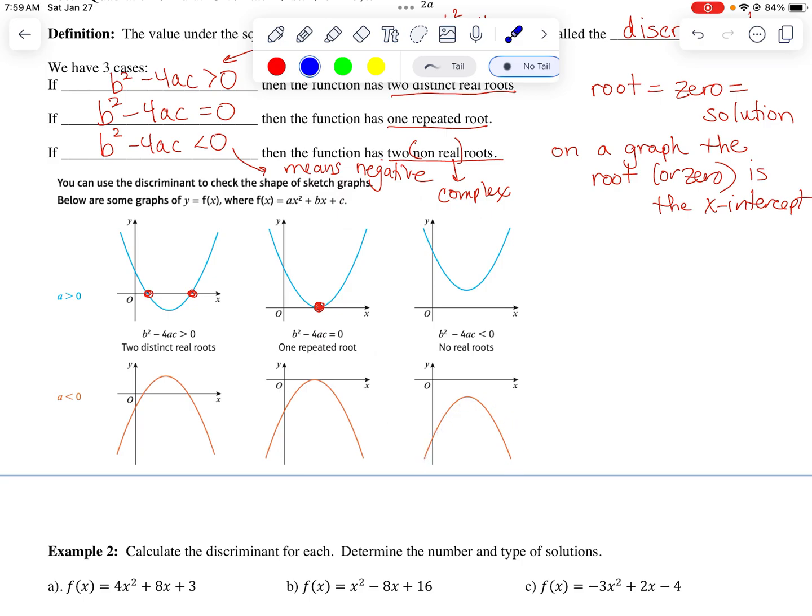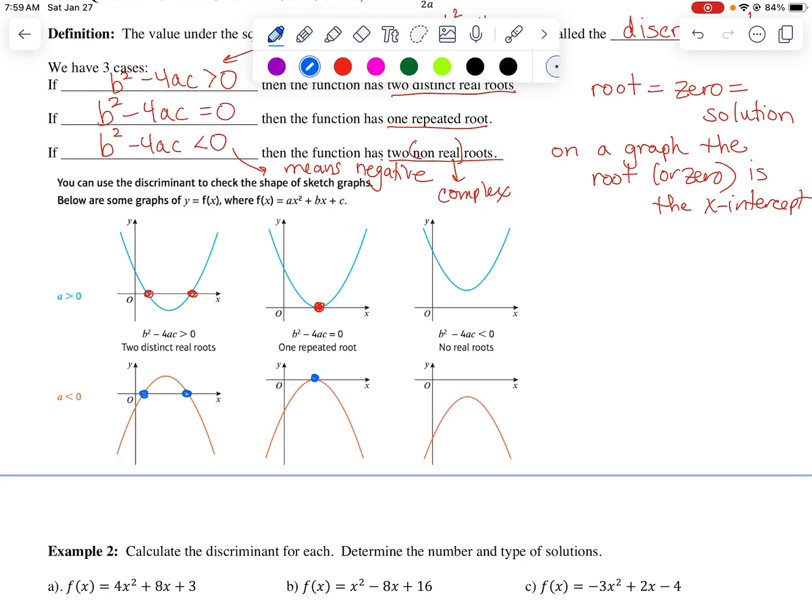And I'm going to go through the three cases again. So if the discriminant's positive and the parabola opens down, it's still going to have two real roots. It's going to cross the x-axis twice. When the discriminant equals 0, there's one repeated, real root, and it just is like bouncing right at that point.